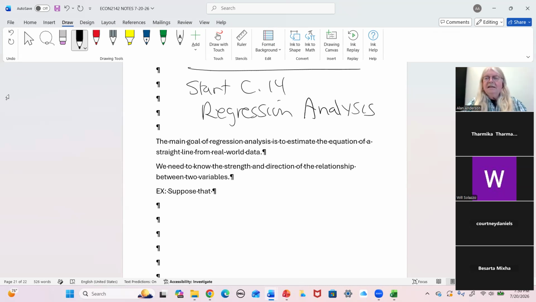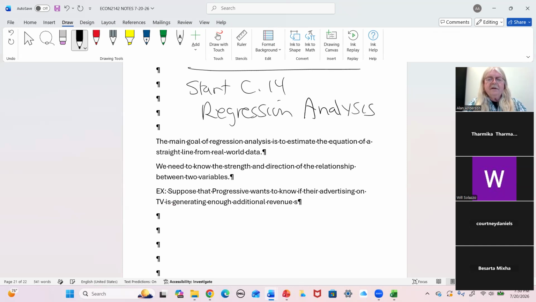So, let's let this be our first example. Progressive wants to know, and boy, they spend a fortune on advertising, if their advertising on TV is generating enough revenues to pay for the advertising.